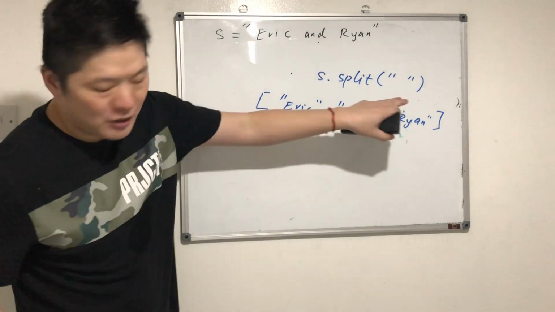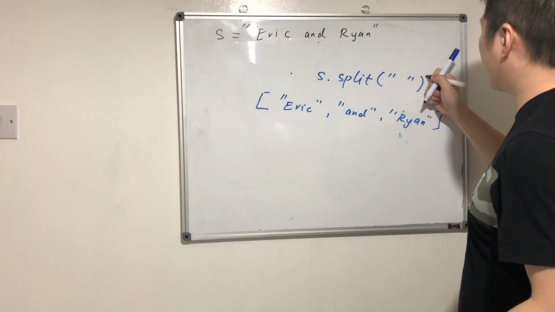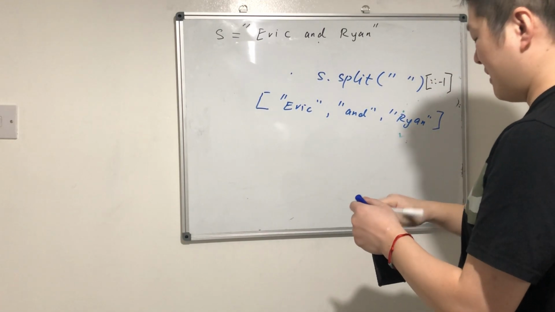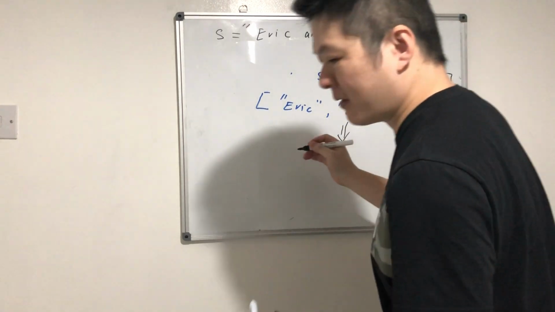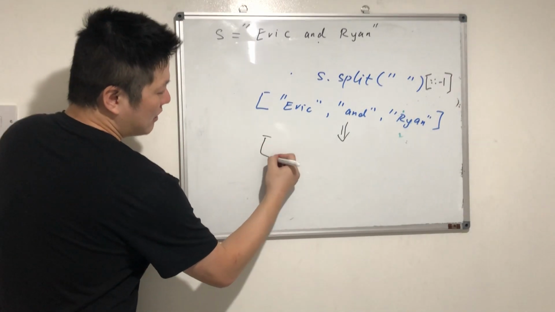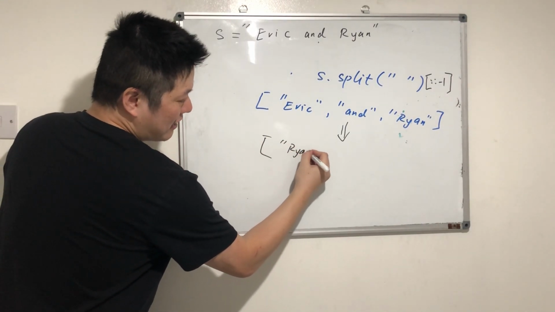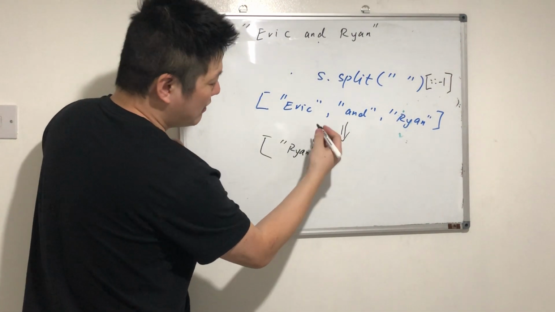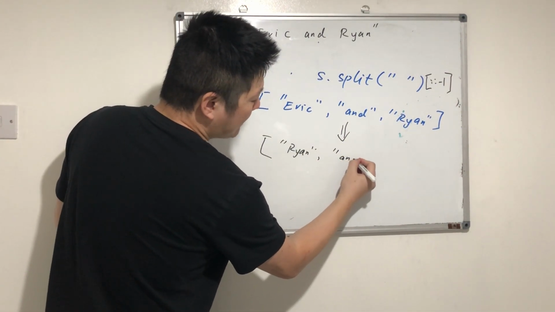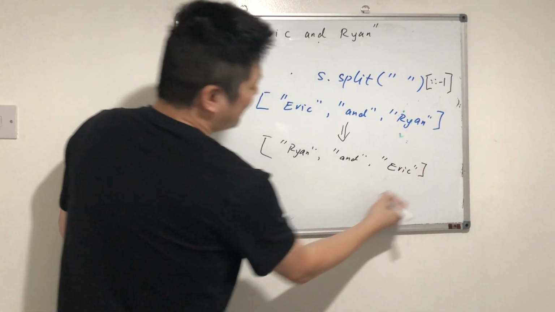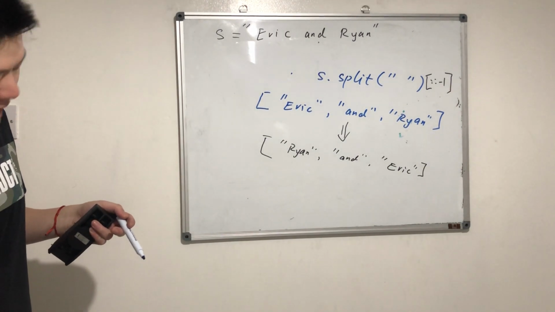If I put colon colon minus 1 at the end, I reverse the words in the array: Ryan, and, Eric.